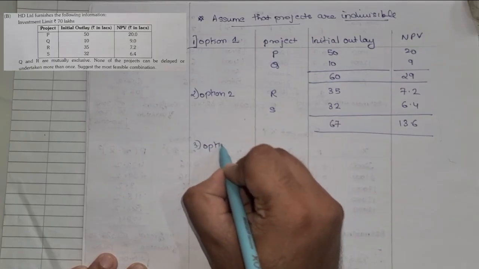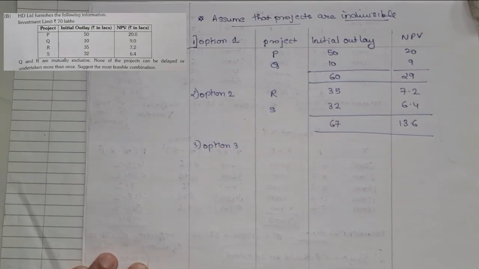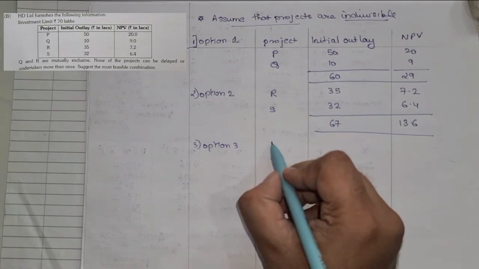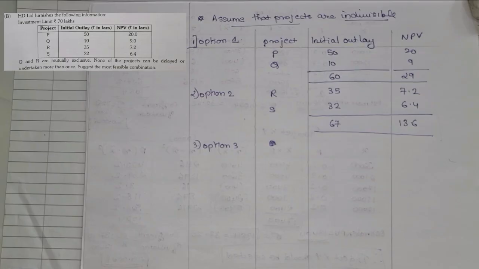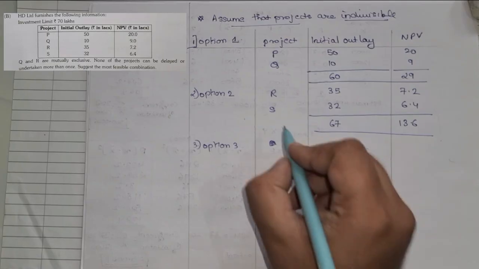If I go for another option, let's say I can make up any other option along with it. If I take QRS, that goes above 70. So let's say if I take Q and R, but now I cannot take Q and R because they told you Q and R are mutually exclusive. So if I join with any other, if I take Q and S, that can happen.